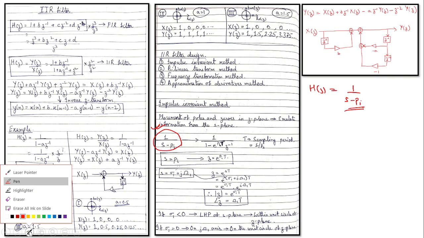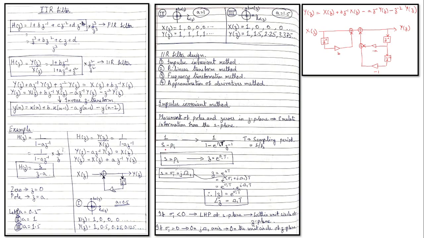Okay. Now if you get this kind of equation, 1 by S minus Pi, then while designing the digital filter using the impulse invariance method, we need to replace this 1 by S minus Pi with 1 by 1 minus e to the power Pi T times Z inverse.